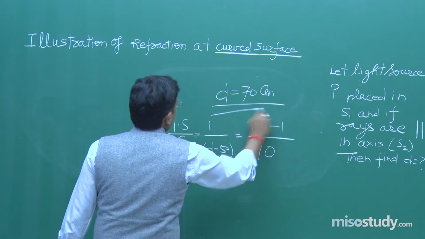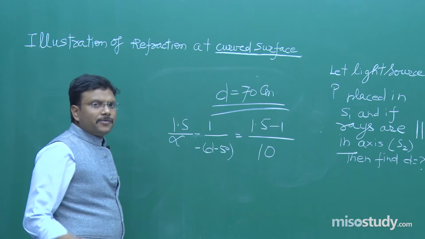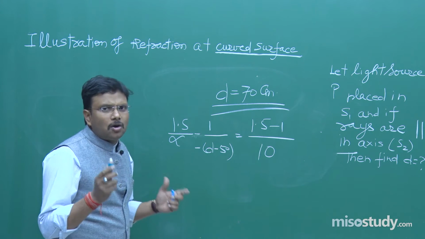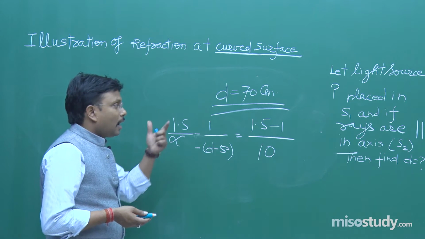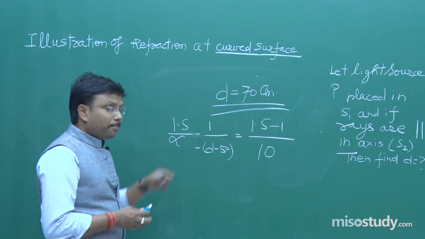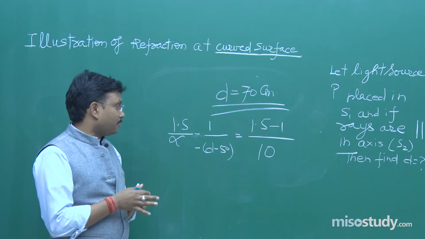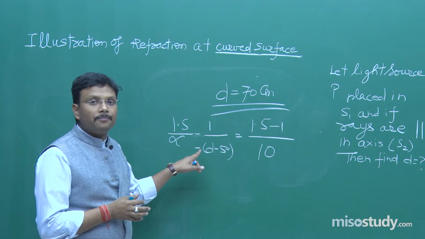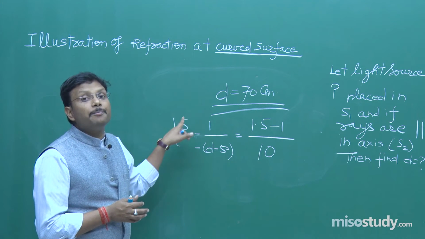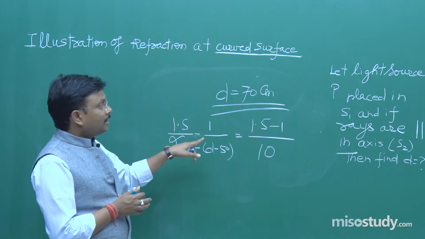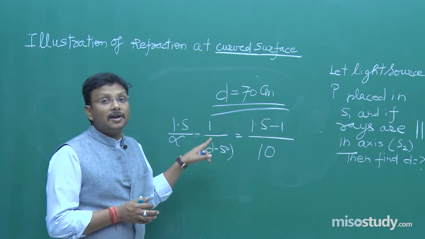See the basic approach of this problem. They just simply asked whether you know this basic result or not, whether you can apply it or not, and your ability. See, in one problem they checked your 5 concepts of ray optics: sign convention, remembering, the ability to retain some important results, then a situation in which you can apply these results.